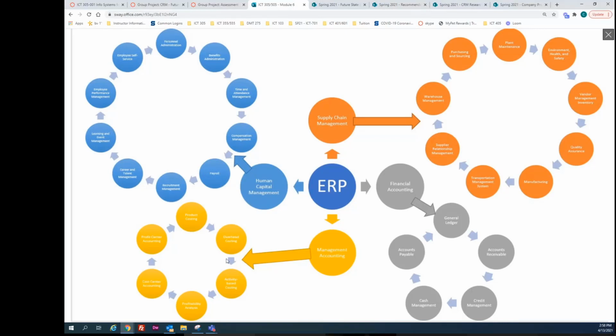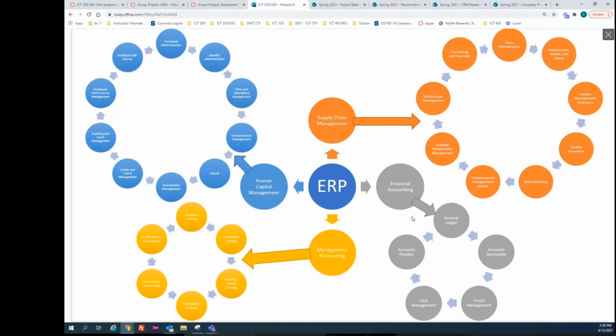We'll talk a little bit about what those mean, but you can see here that for our financial accounting, there's two different areas. This area in gray and this area in yellow. There's financial accounting and there's management accounting, and they are different. I'll explain the differences.